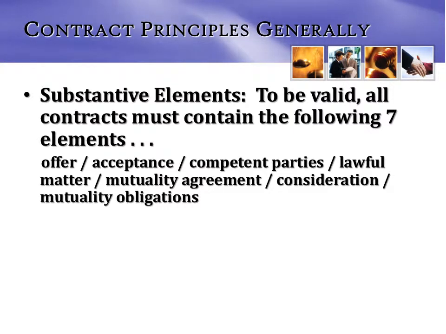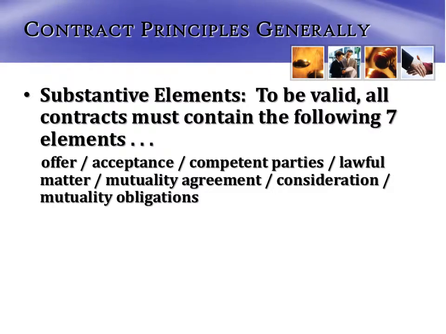Now I'm going to reiterate this throughout the semester. Society wants us to contract. Contracts are easy and simplify our lives because you're giving up something of value for something of more value. In other words, you're perfecting your life.